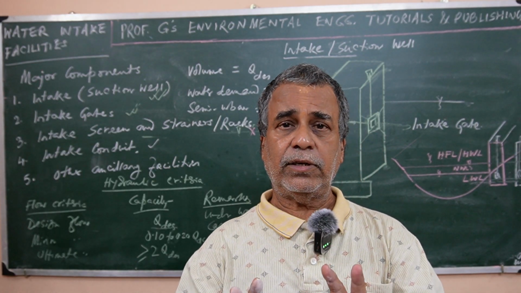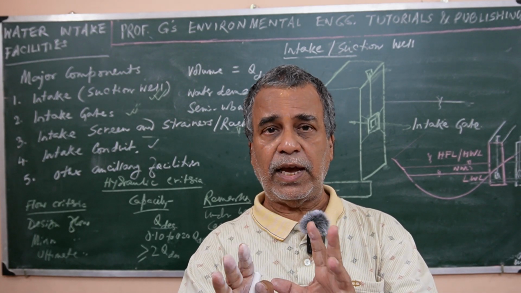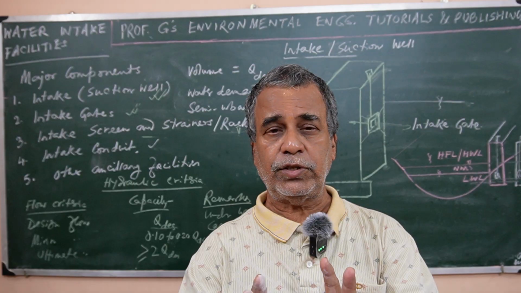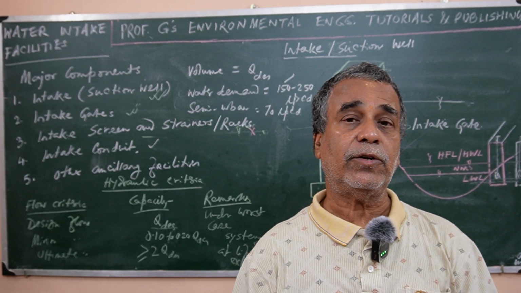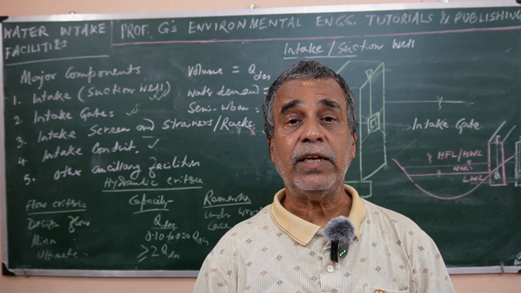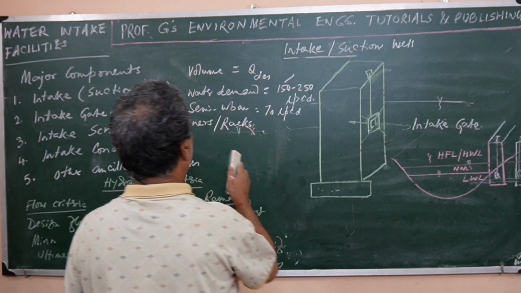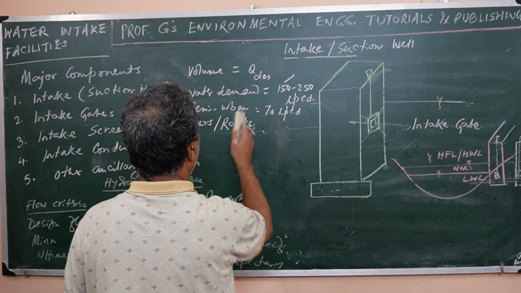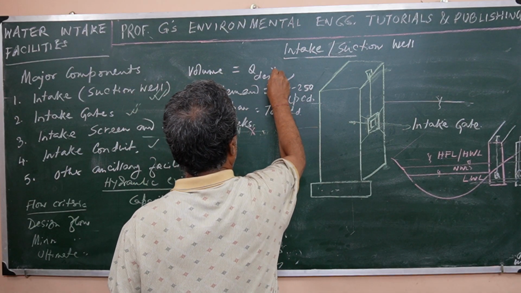So let us follow the design guidelines and procedures considering that the water is to be supplied to a city, to the population in a city. That is how you can calculate the volume.